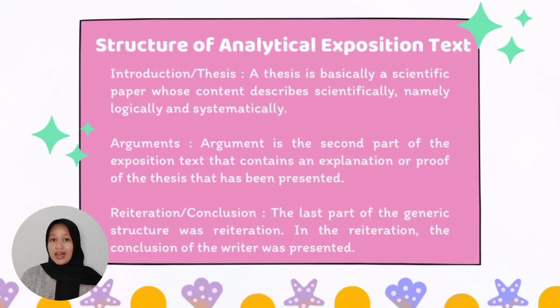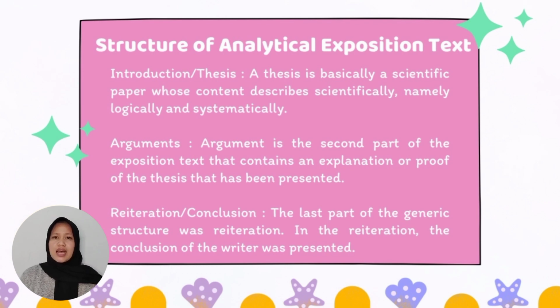Structure of analytical exposition. The first is introduction or thesis. A thesis is basically a scientific paper whose content is described scientifically, namely logically and systematically. The next is argument. Argument is the second part of the exposition text that contains an explanation or proof of the thesis that has been presented.